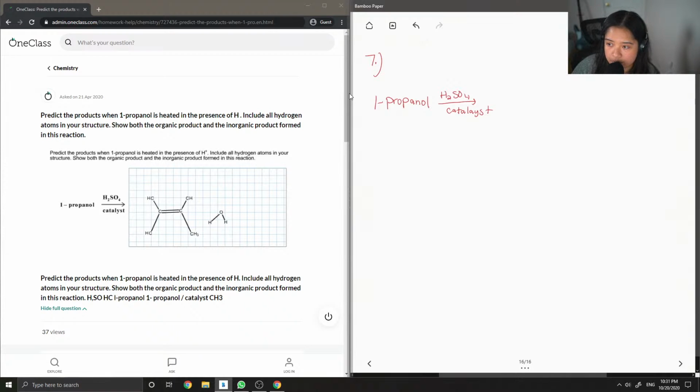Okay, so I'm going to write out the structure of 1-propanol. That is when you have an alcohol group on carbon 1, and there are 3 carbons in the structure since it's propanol.